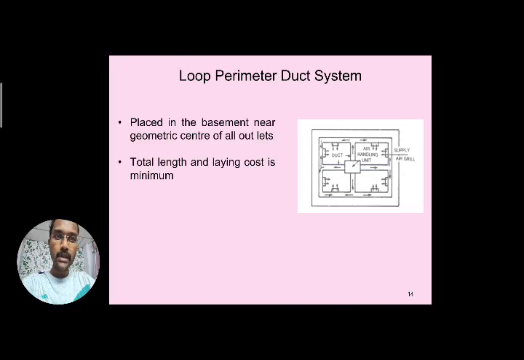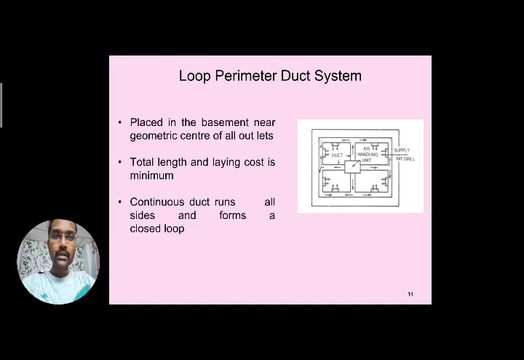At the center it is placed. So total length and laying cost is minimum. When taking this loop system, the length taken for this distribution is less, and the laying cost of this duct system is also minimum compared with the other systems.